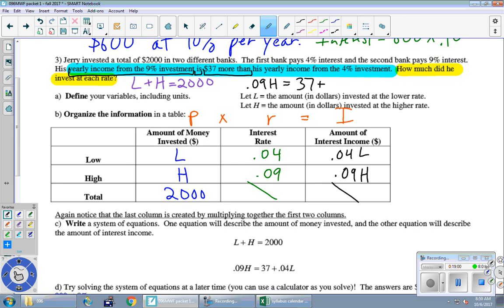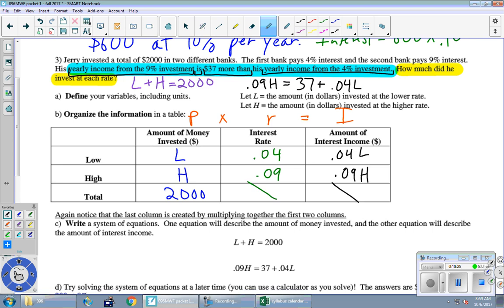Last phrase, yearly income from 4% investment. That's in the table. Where is it? 0.04L. That's the equation. That is as hard as they get in terms of translating words into equations. But if you take it piece by piece, I think it's manageable.